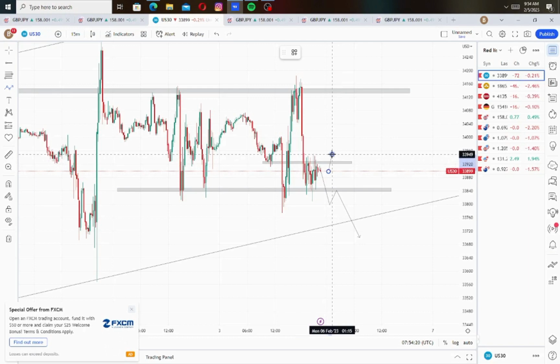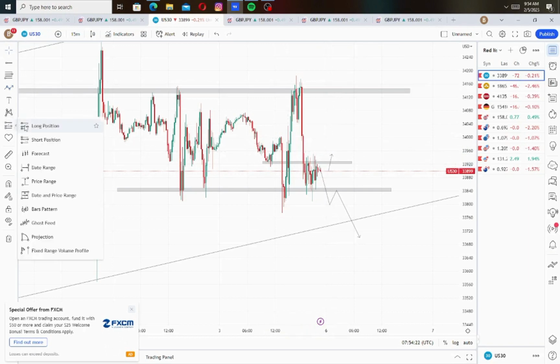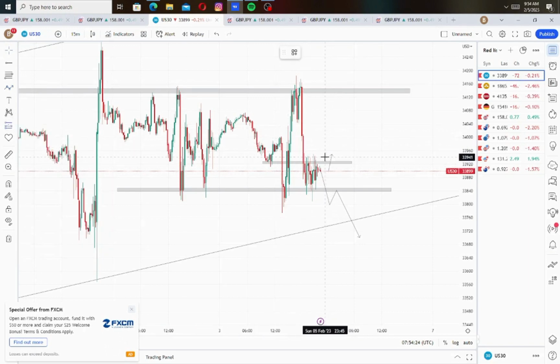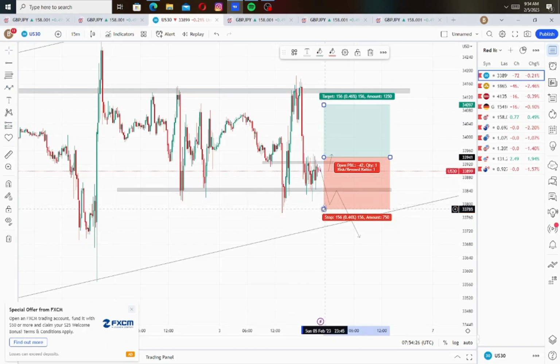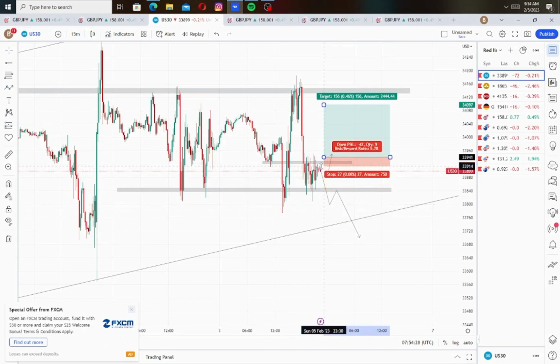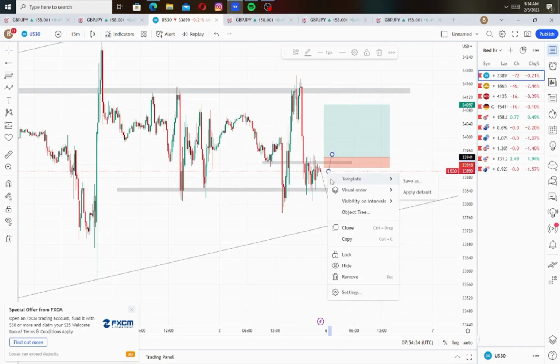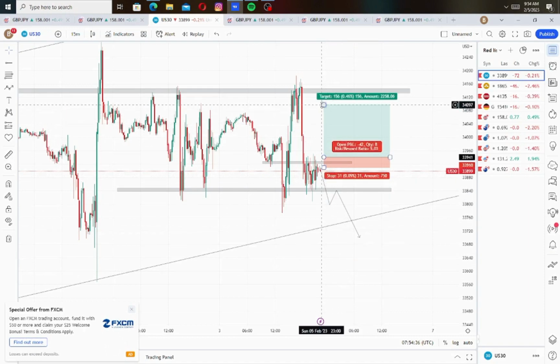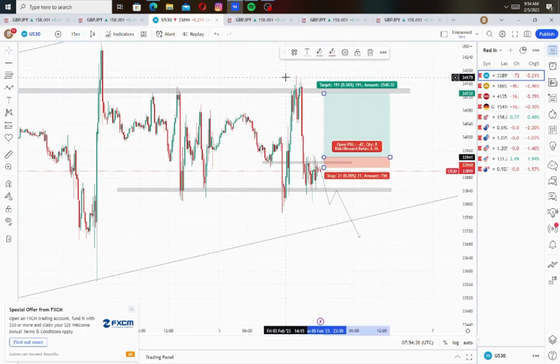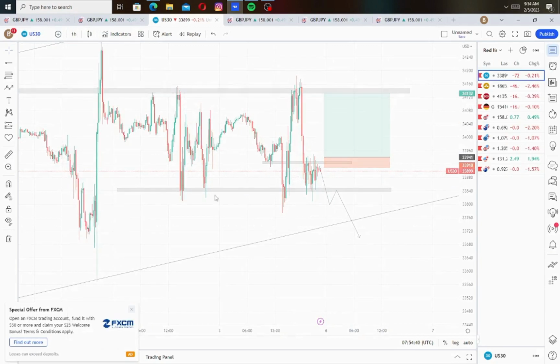But if it does break here, regardless of if it gives me a perfect place to put my stop loss or not, I am gonna enter because I think I'd be risking a few pips, not a lot. I'm probably gonna put my stop loss right there, and my TP would be all the way here.